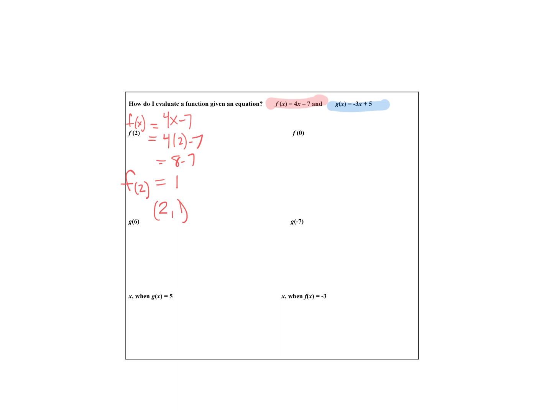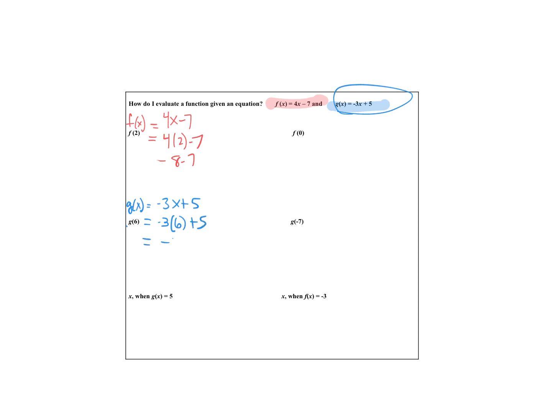Now, if we look at the next one, see how it switches to g? That tells me that we're going to go with this second function up here. And so therefore, right above this, I'm going to write in g of x is equal to negative 3x plus 5. And then whenever there is an x, I'm going to put in 6.